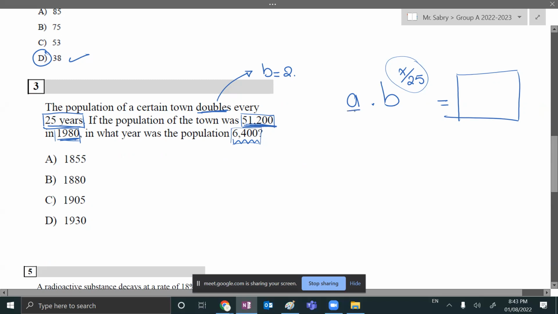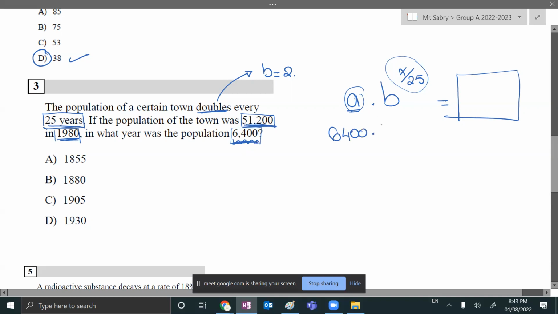So do I know the initial amount? This is one way to look at it. We may say that the initial amount was 6,400. We started with 6,400.